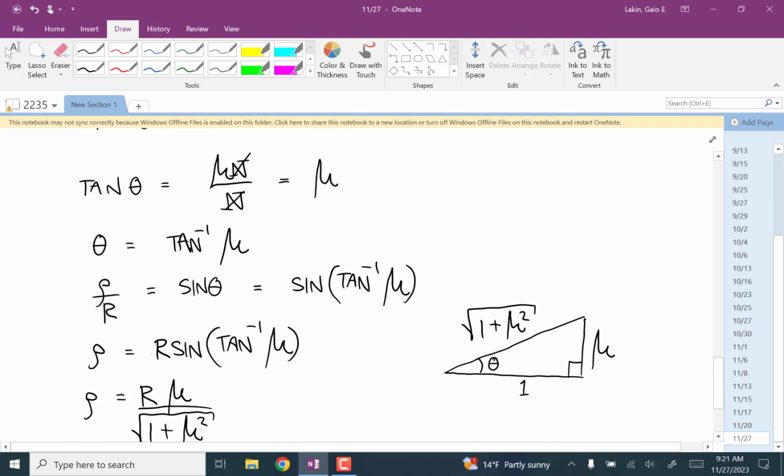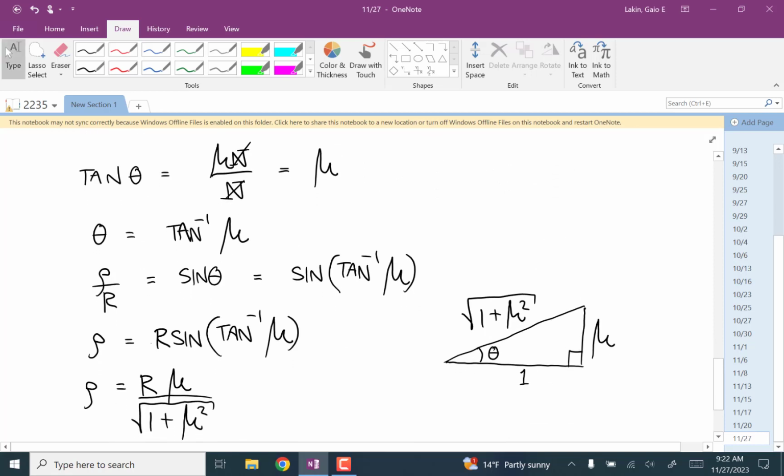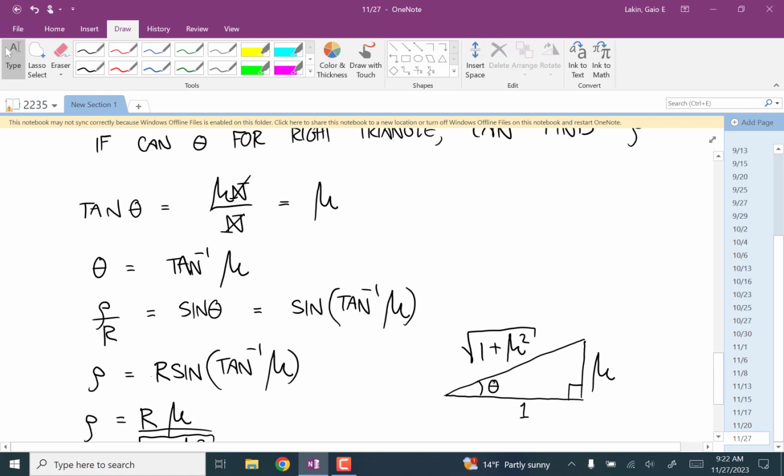anybody have any questions first about the trigonometry or anything, or did I go through anything too fast? I remember doing stuff like this in pre-calculus or something, the sine of the angle that's the tangent of whatever, and you set up, remember doing that? Well, you don't even have to do that for me.